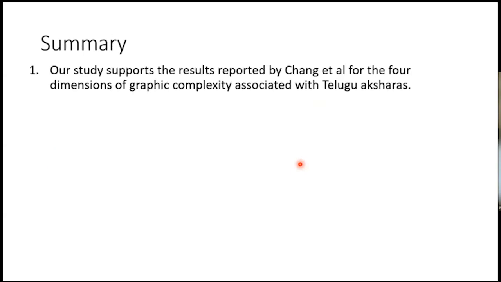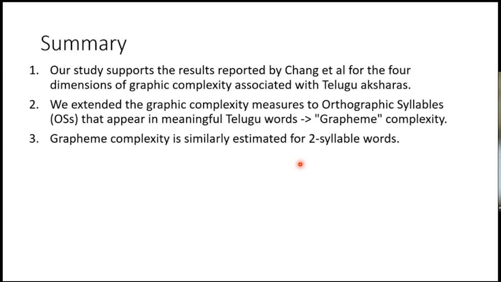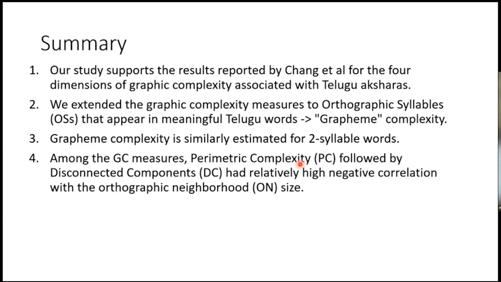So to summarize, we re-implemented the GraphCom measures that Chang et al. proposed, and our results seem to be in line with what they have estimated. We extended those definitions to orthographic syllables as well as to meaningful two-syllable words, and looked at the relationship between these complexity measures and the number of neighbors.